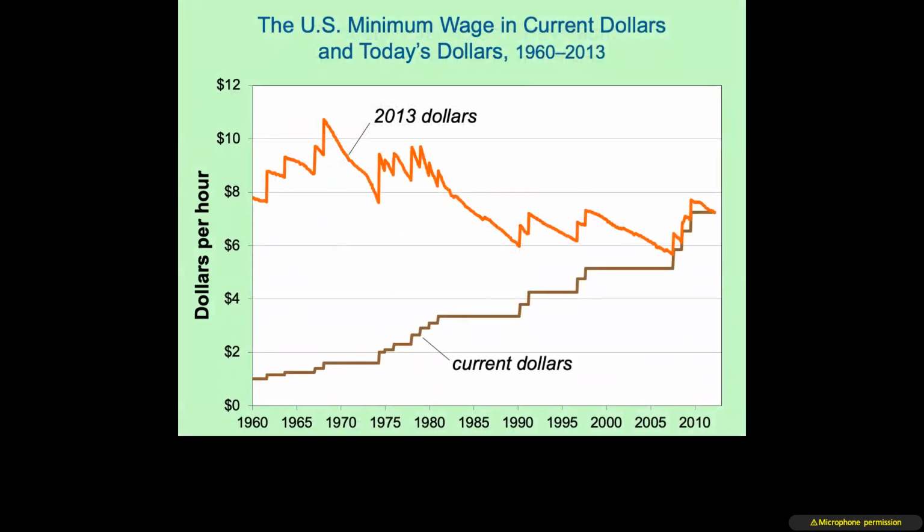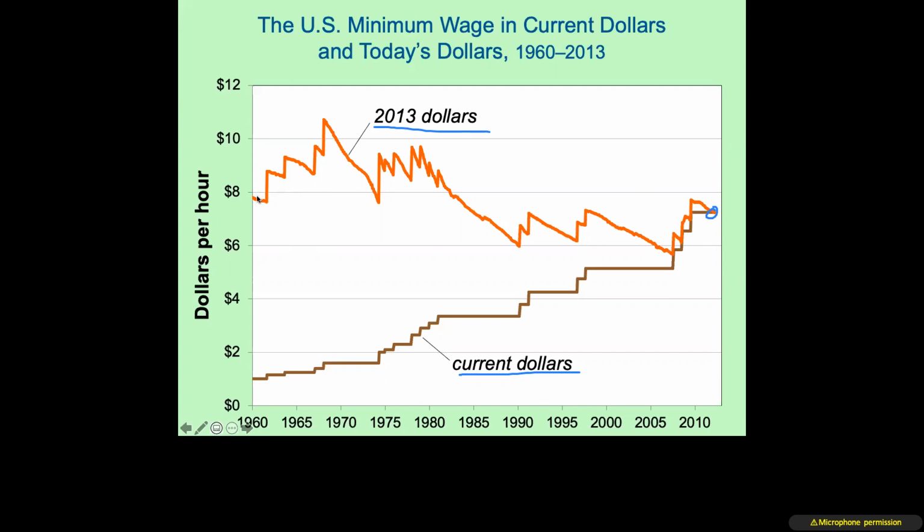So when you start to think about it, here's our minimum wage, and it looks great on graphs. If you look at that tan graph, hey, look, the minimum wage is going up. Isn't that great? But now you say to yourself, okay, I'm going to translate this into 2013 dollars and see how it would look in the past.